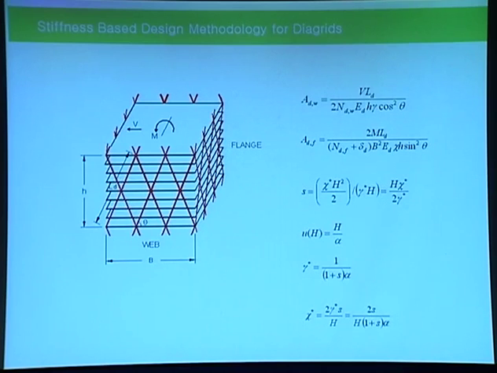This is the design methodology I developed several years ago and presented in the Dubai Congress of the CTBUH. Of course, I'm not going to go over these numerical things here, but basically I use the same stiffness-based design for more complex shaped tall buildings employing diagrid structures.